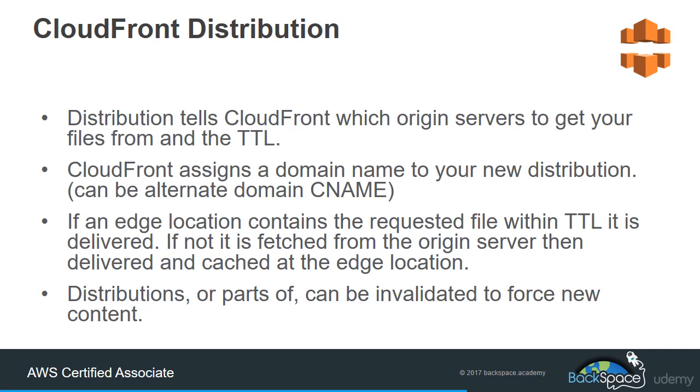For example, directories within that distribution, or individual files, or we could use a wildcard, which could say, well, all of our HTML files we're going to update or invalidate. And that takes a certain amount of time. It takes quite a number of minutes for a distribution to be invalidated, then redistributed across the content delivery network.